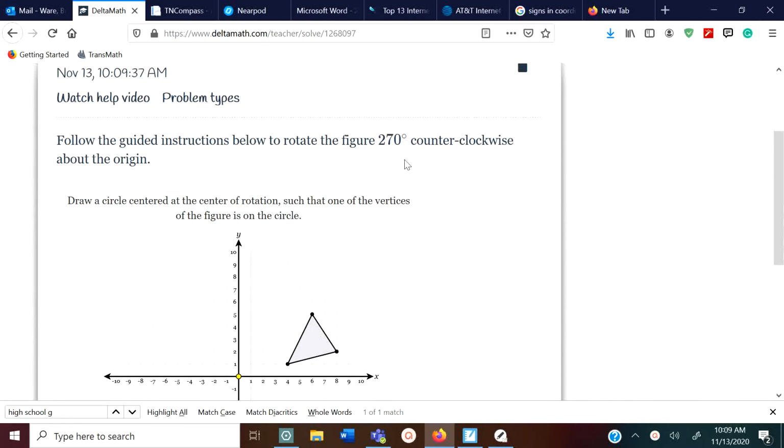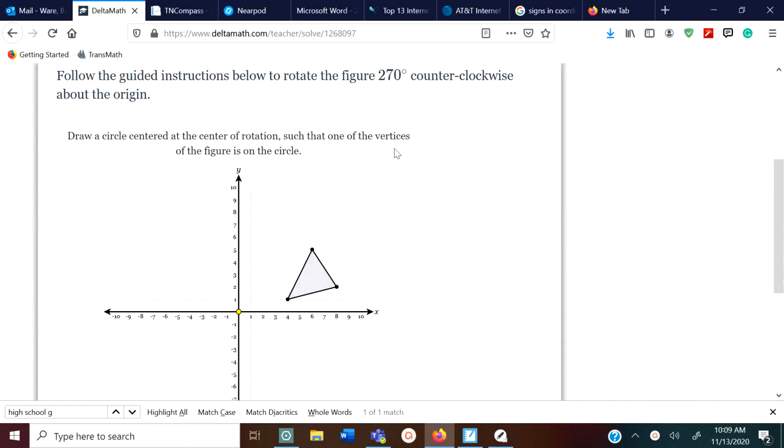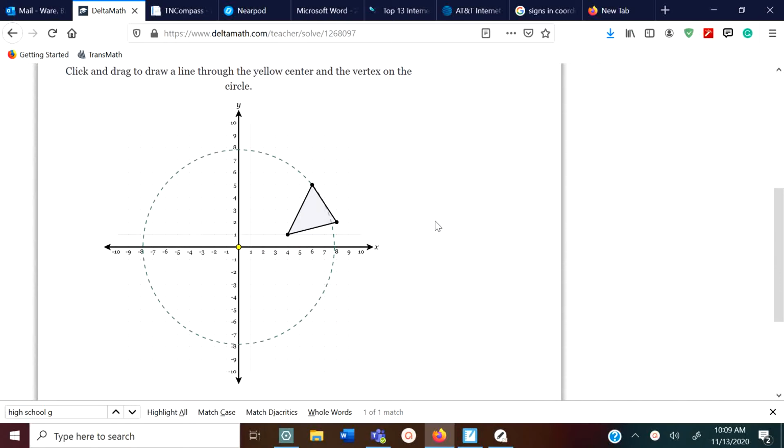Alright, so this one's a 270. The first thing we're going to do is draw a circle so that it ends up having on the edge of a vertex. And if you do it wrong, it'll keep making you do it till you get it right. The next thing we'll do is draw a line. Just click here and draw to that same vertex right there.